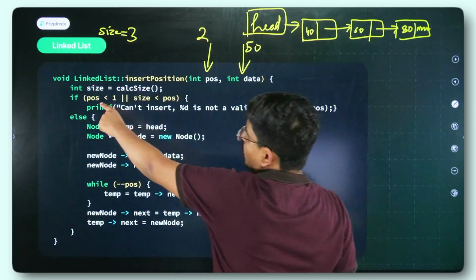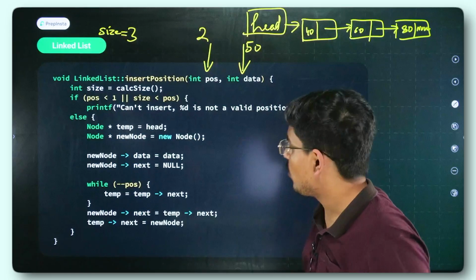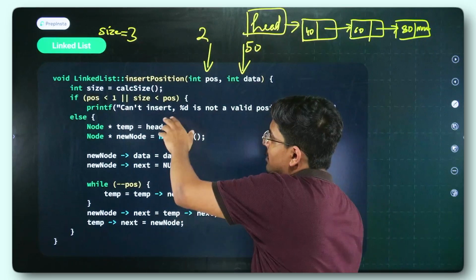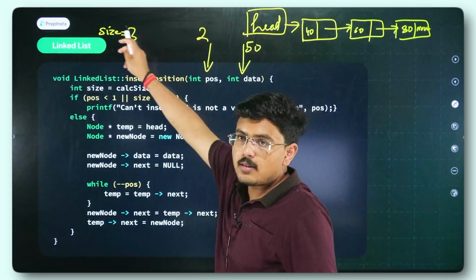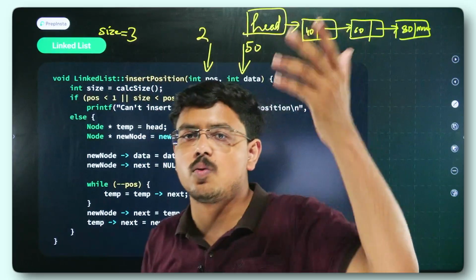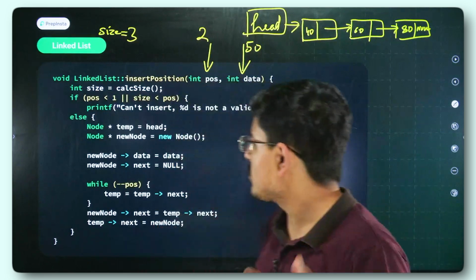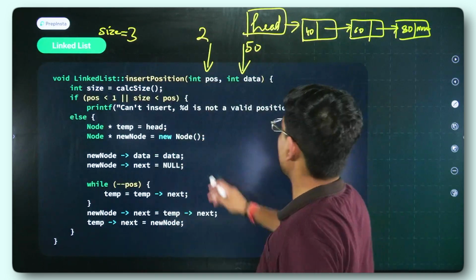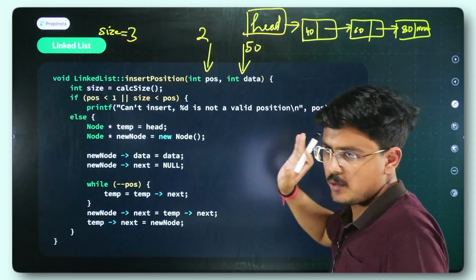If POS, which is position, is less than 1, which is if position is 0, or size is less than position. In case the size that I have is 3, and I am saying that you add after the 6th node, it is impossible, right? You do not have 6 nodes, where will I add? As simple as that. So in this case you print "can't insert, this particular position is not a valid position."